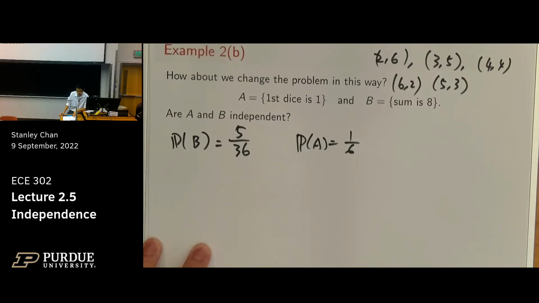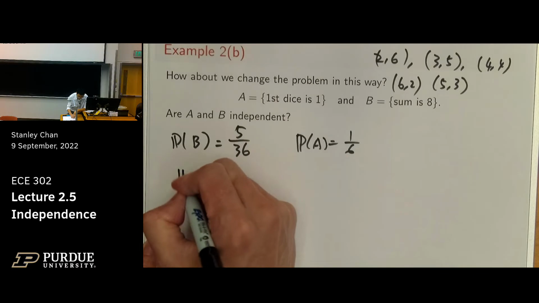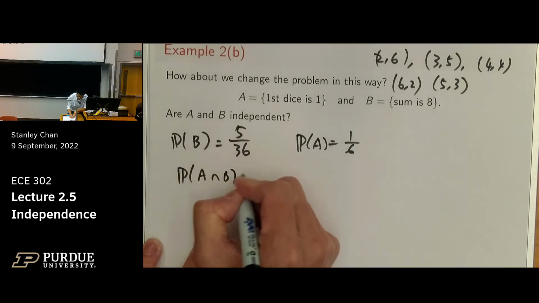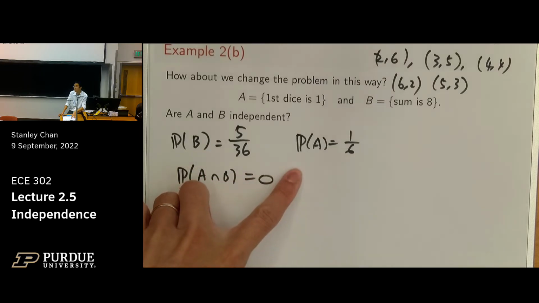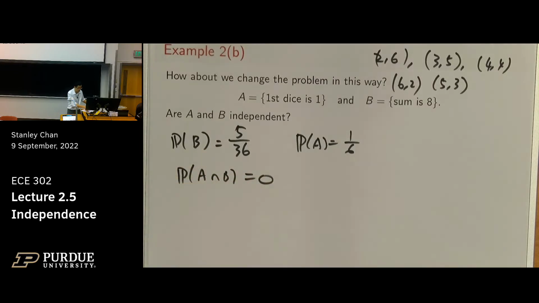And probability of getting A and B, 0. Okay. Probability of getting A and B is 0. There's no way that you can have probability of A intersect B equals to the probability of A times probability of B.